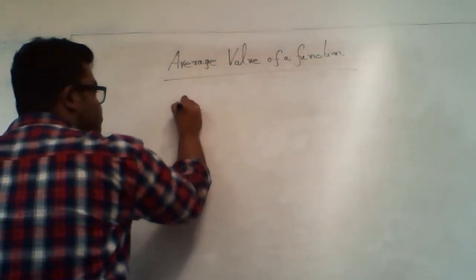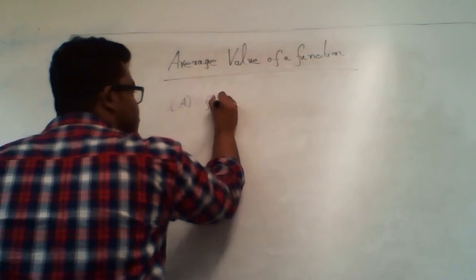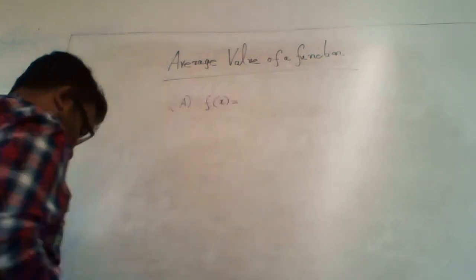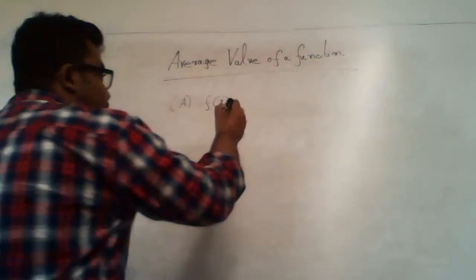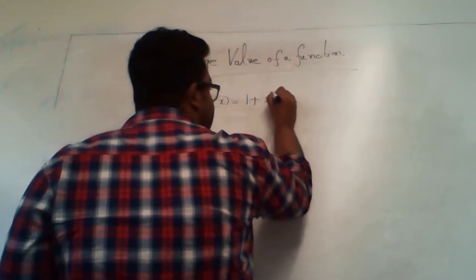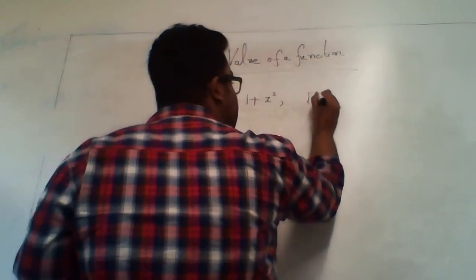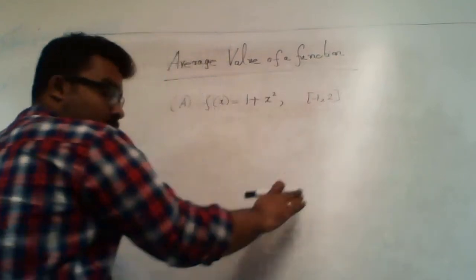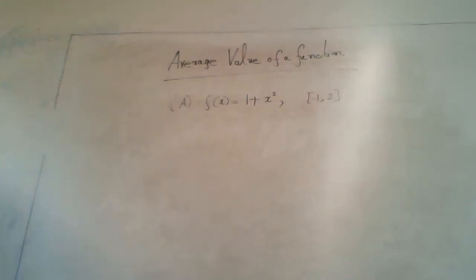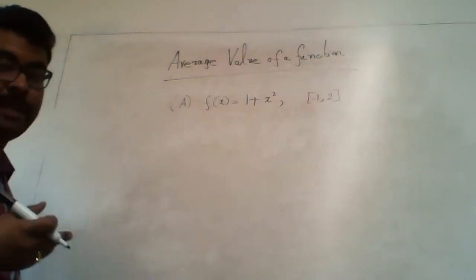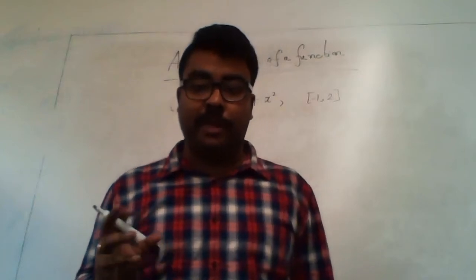You are given a function f(x) equals 1 plus x square and a given interval minus 1 to 2. Right? So here you are given your function and an interval. You need to find out the average value of the function in this interval.